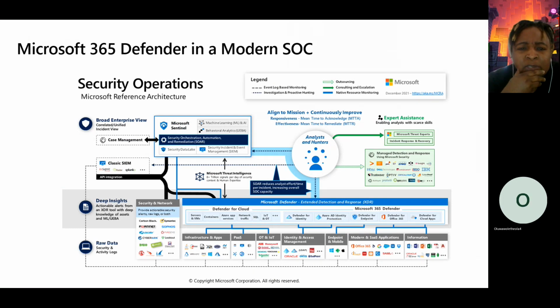So a typical 365 Defender deployment in a modern SOC would have this kind of architecture. What we're showing here is, if you look at an organization, you would see the Defender family.